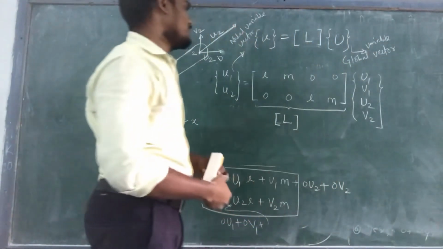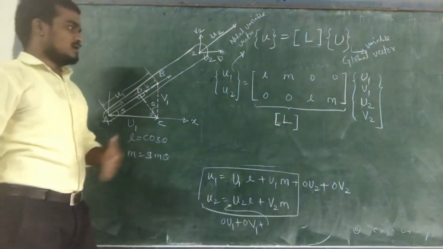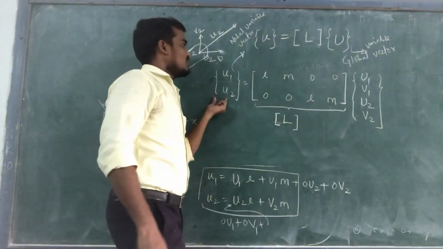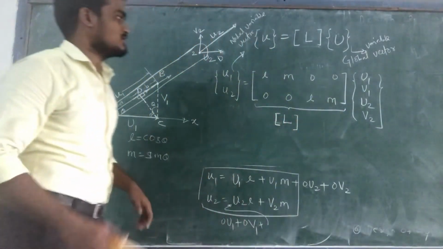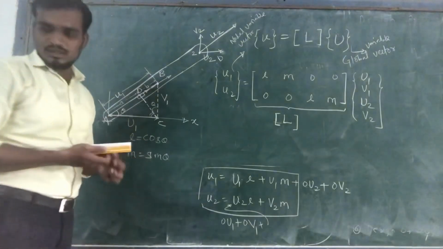So in this way we can convert our nodal variable vector into global variable vector by using this L matrix.